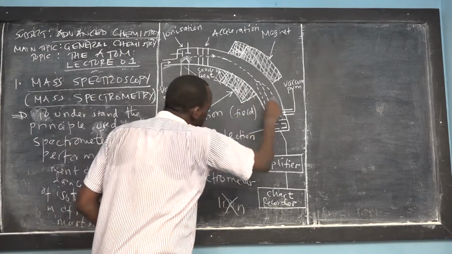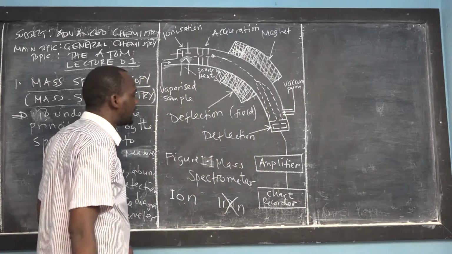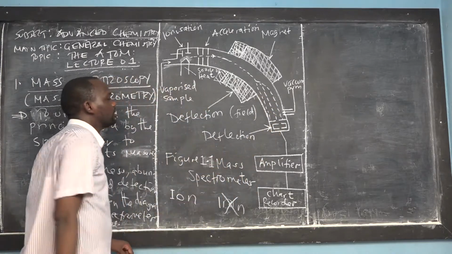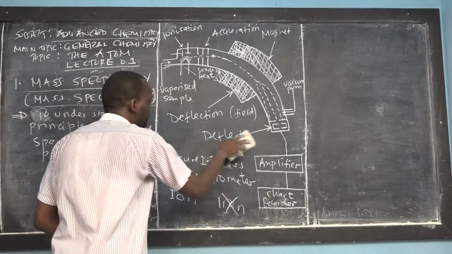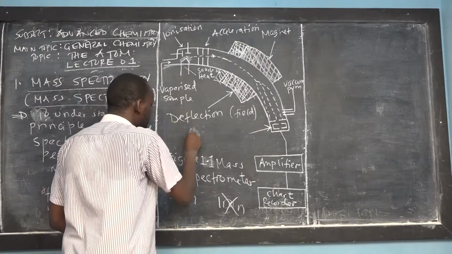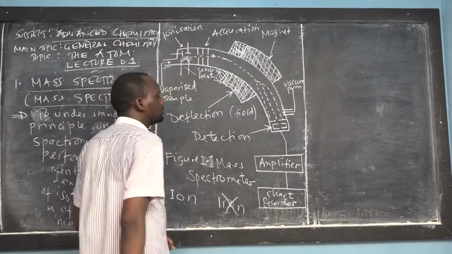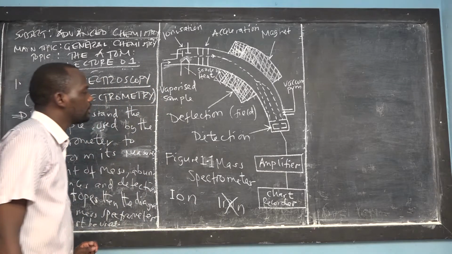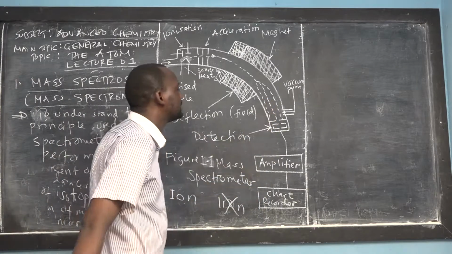The journey continues to the vacuum pump, and then the ions reach the detection, sorry, this is not deflection, make the correction please. I wrote it wrongly. This is the detection unit, so correct it please.